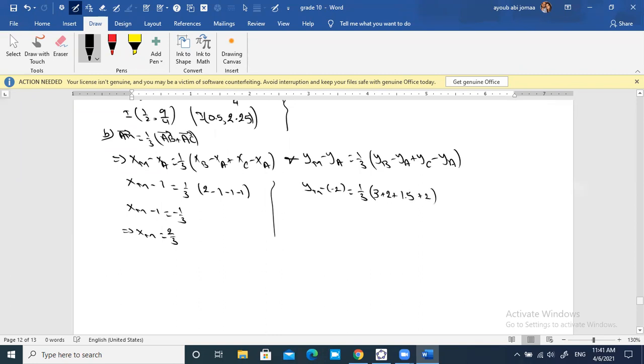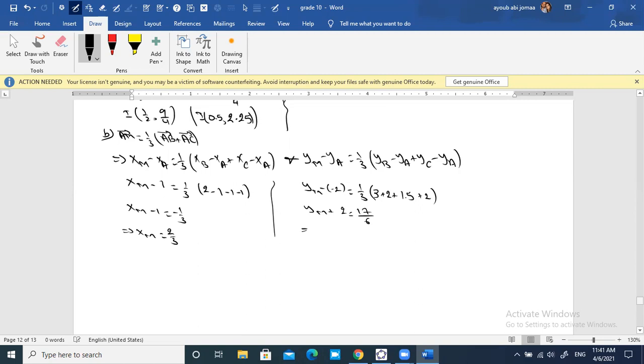So y of M plus 2 is equal to 17 over 6, 8.5 over 3, which is 17 over 6.